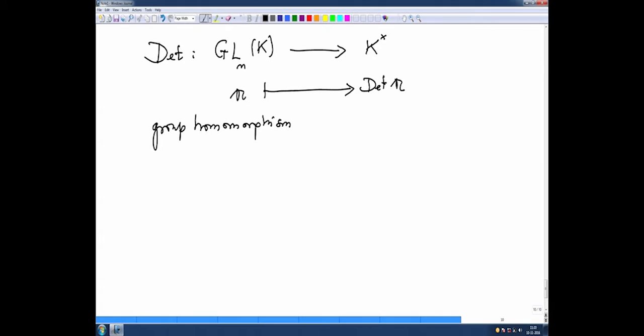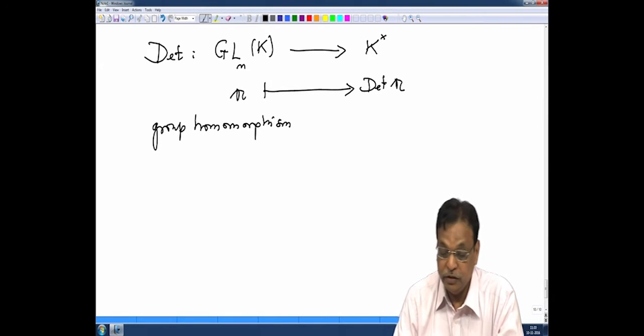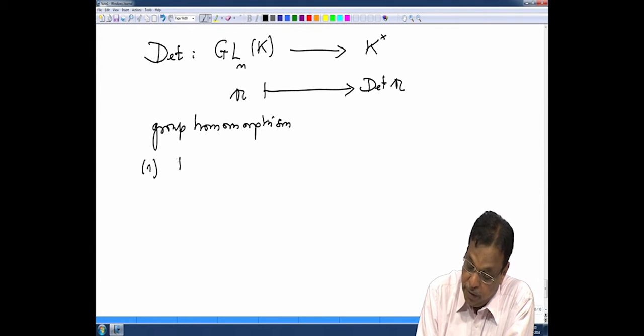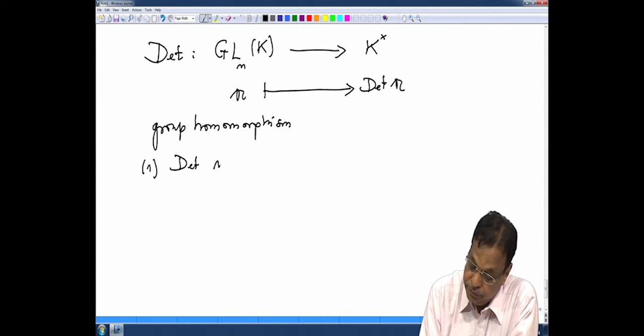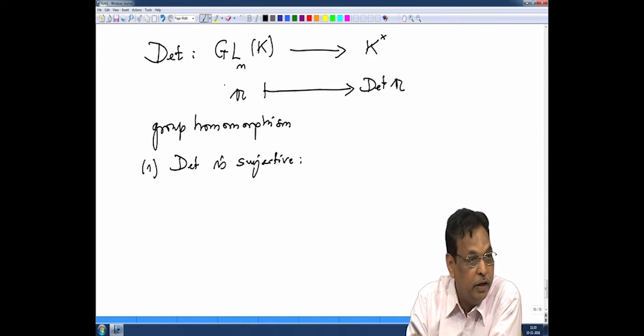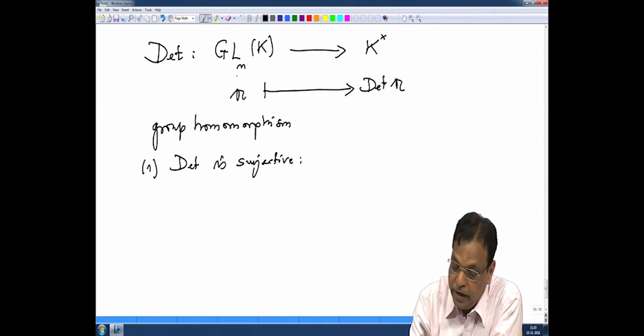And whenever you have a group homomorphism, then you can talk about the kernel, image, isomorphism theorems and so on. So let us see in this case, first of all, this det map is surjective. So what do I need? Given any scalar, I want to find an invertible matrix whose determinant is that.